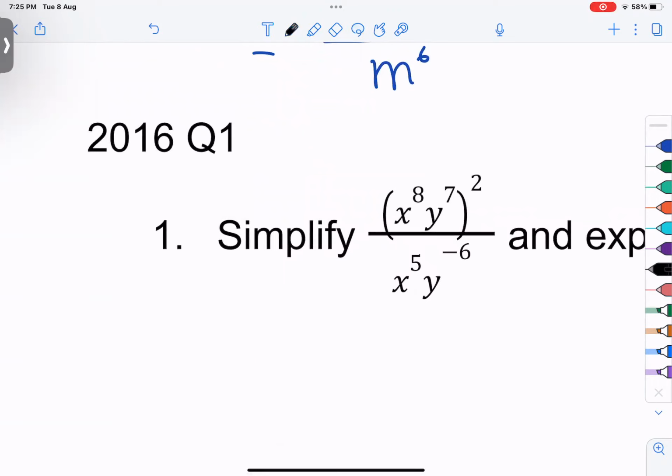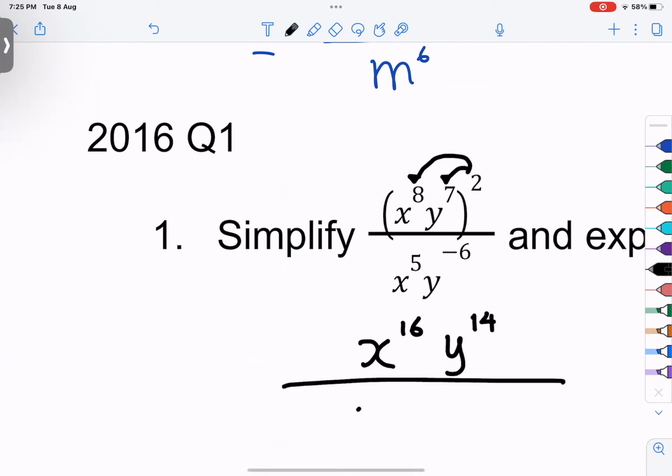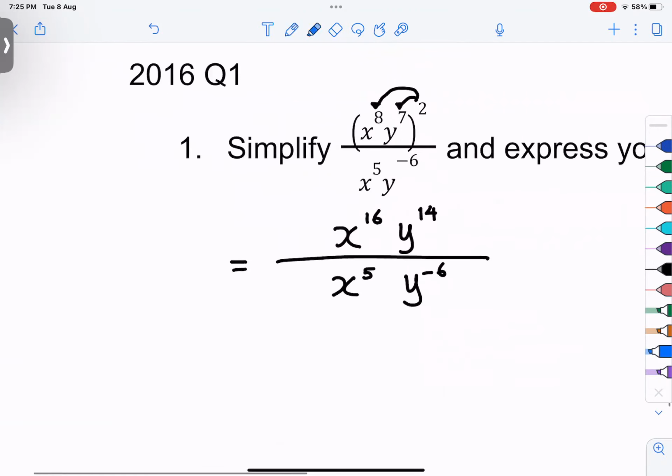There's a power outside, it goes in. There's a power inside already, so multiply. 8 times 2, 16. 7 times 2, 14. And then see if there are any negative powers. You will have to switch the places.